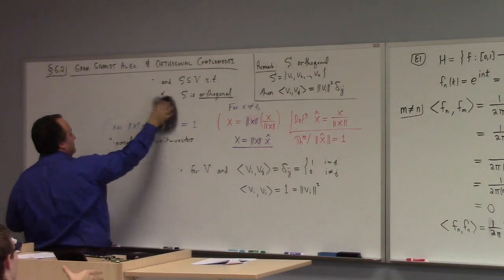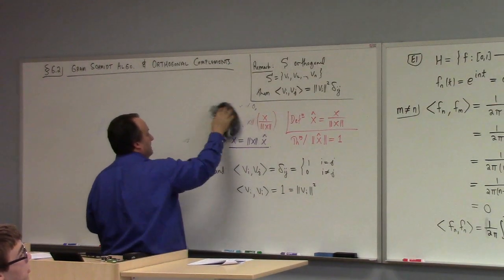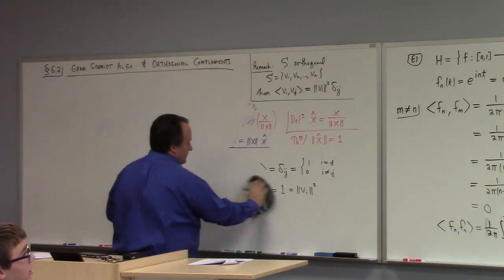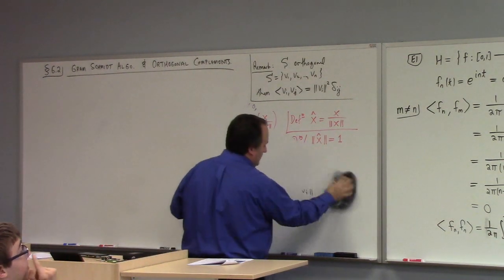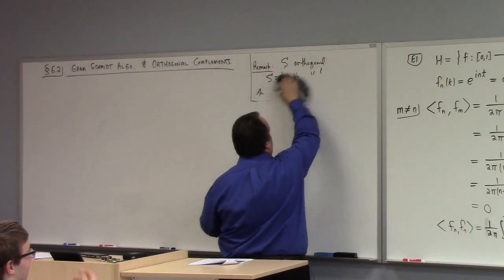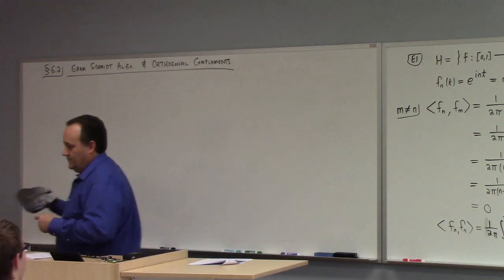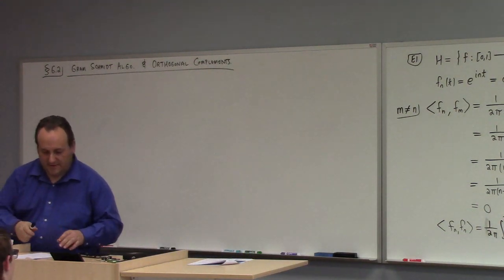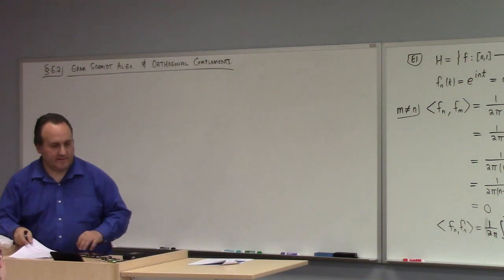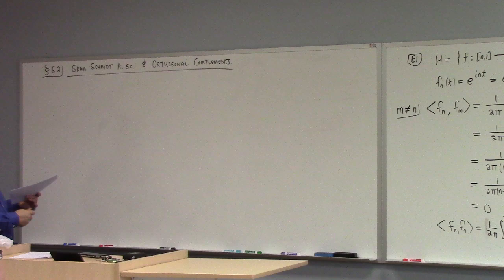Because the length of each one is 1. And the only way that x can be 0 is if the length of x is 0. That means because the length of each vector is 1, they must all be non-zero. That's exactly right. So, indeed, orthonormal sets are linearly independent.